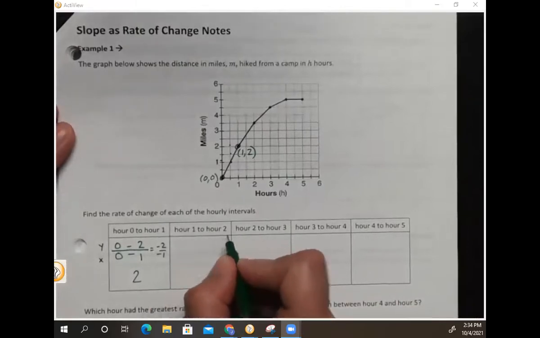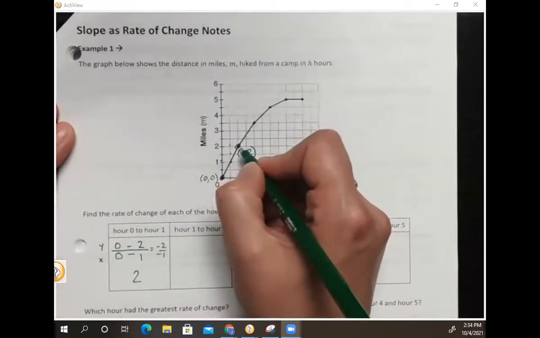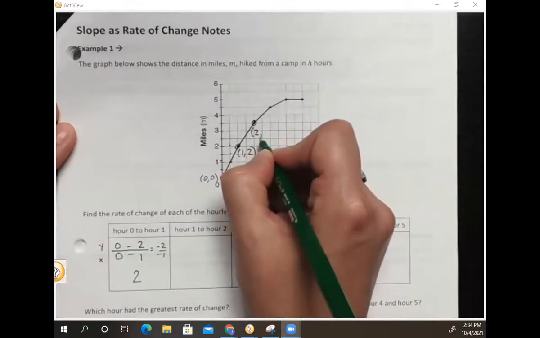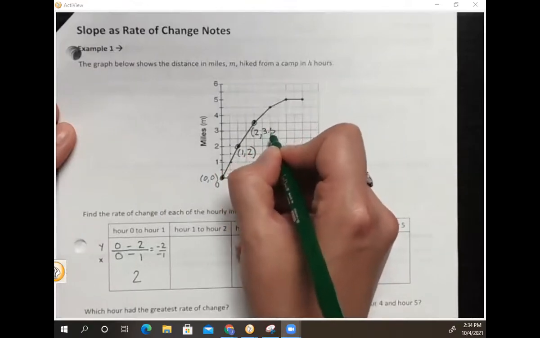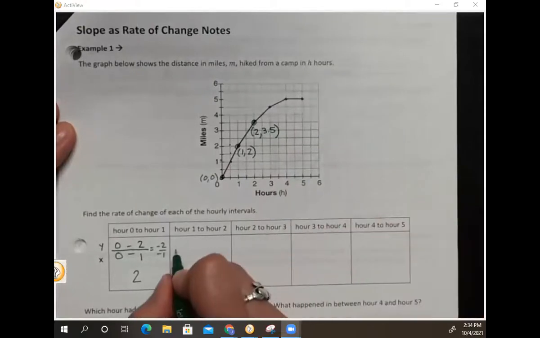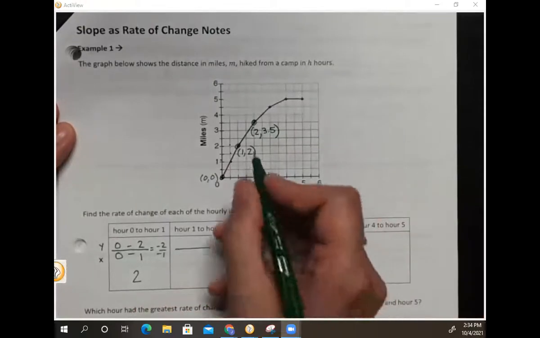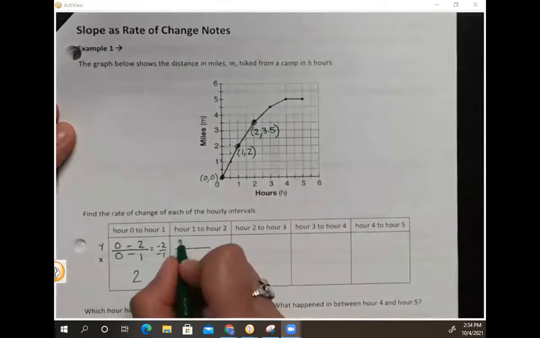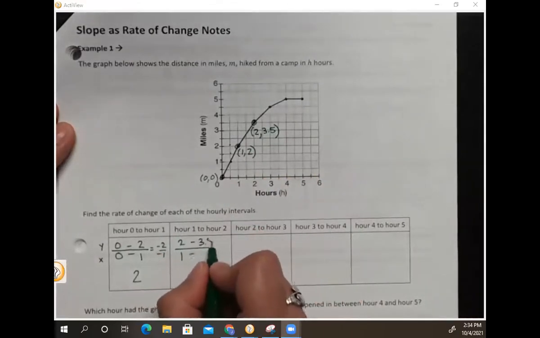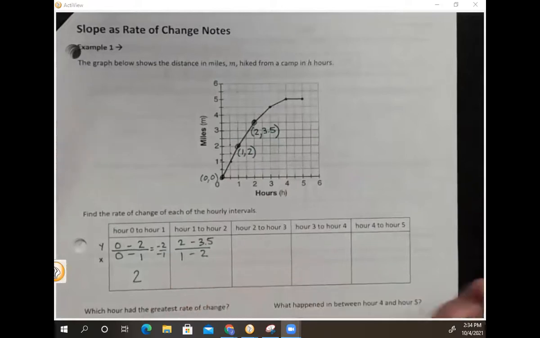From hour 1 to hour 2. So here's the point at hour 1. Here's the point at hour 2. This guy is 2, 3.5. So I'm going to find the slope between those 2 points. Remember, y on top, x on bottom. So this would be 2 over 1 minus 3.5 over 2.